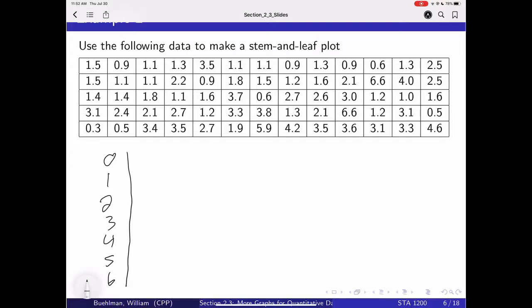So now the leaves, I'm going to already do them in increasing order. You can do that first step if you need to, but here's what they're going to be with the leaves in increasing order.